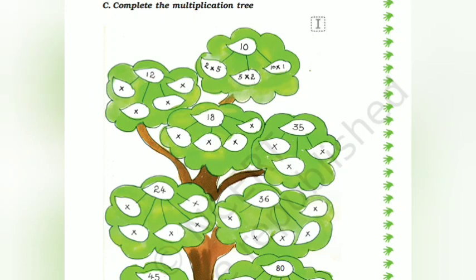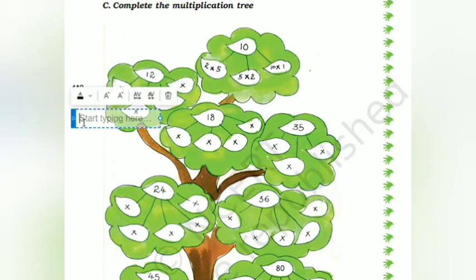Here, what will be 4 times 3, it is 12. Then 3 times 4 also 3, it is 12.